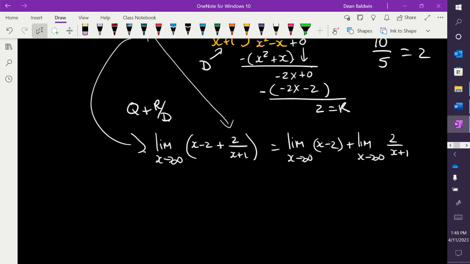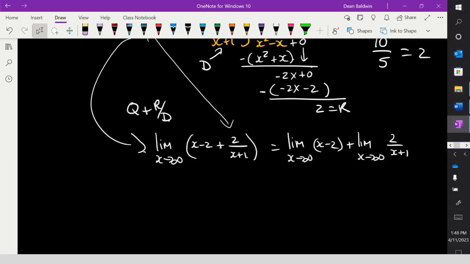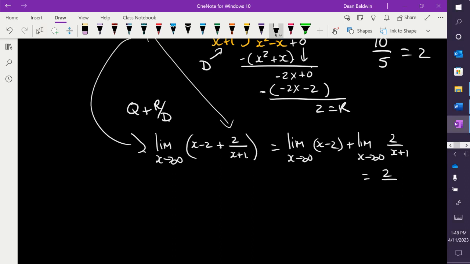All I did was break it into this limit and this limit, okay? This is the reason why you can do the shortcut that I'm going to show you. If I put infinity into this, what happens to this? It becomes 0, right? Because if I put infinity, I'm going to get 2 over infinity plus 1, which is really just 2 over infinity, which is 0.